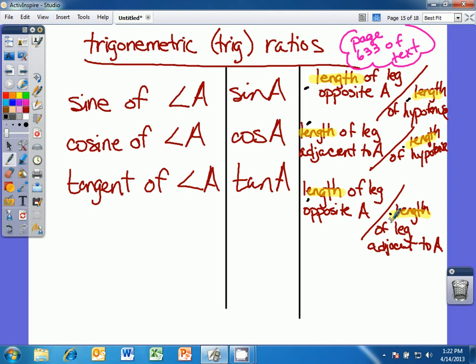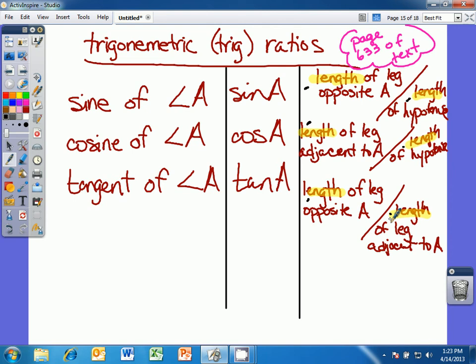The sine function of an angle has to do with the relationship of the opposite leg and the hypotenuse. Cosine of an angle has to do with the length of the adjacent side and the hypotenuse. And then the tangent has to do with the opposite side and the adjacent side, that particular ratio.